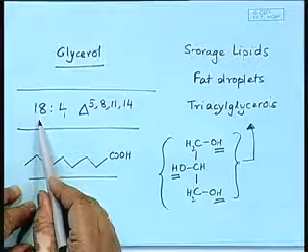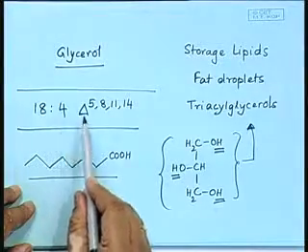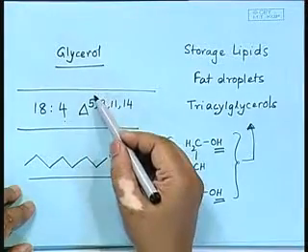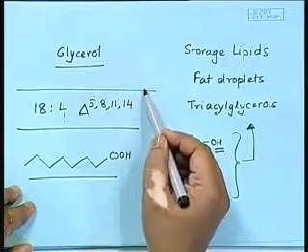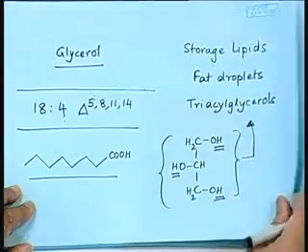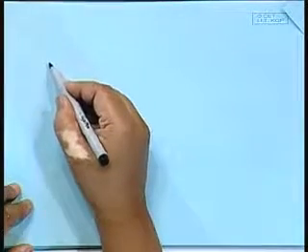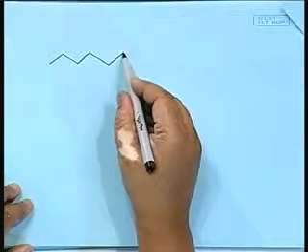The 18 stands for the number of carbon atoms, the 4 stands for the number of double bonds, and these are the positions of the double bonds from 5 to 6, 8 to 9, 11 to 12 and 14 to 15. Okay? So, once we have these fatty acids, we can have a cis configuration to the double bond.